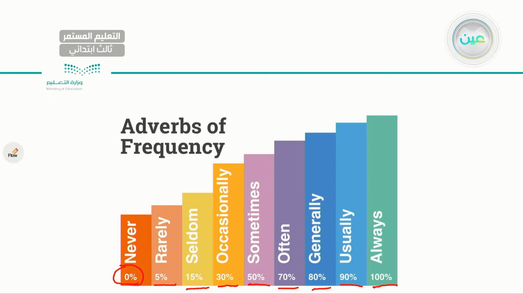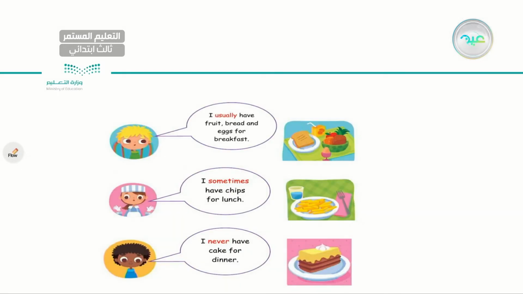So let's read again. Always, usually, generally, often, sometimes, occasionally, seldom, rarely, and never. Never is 0%.